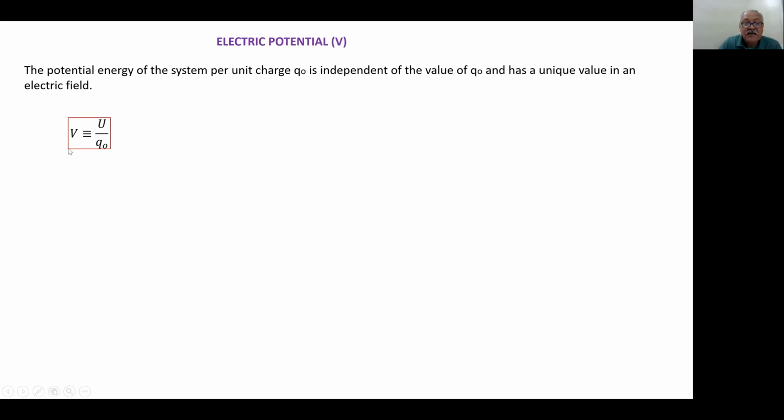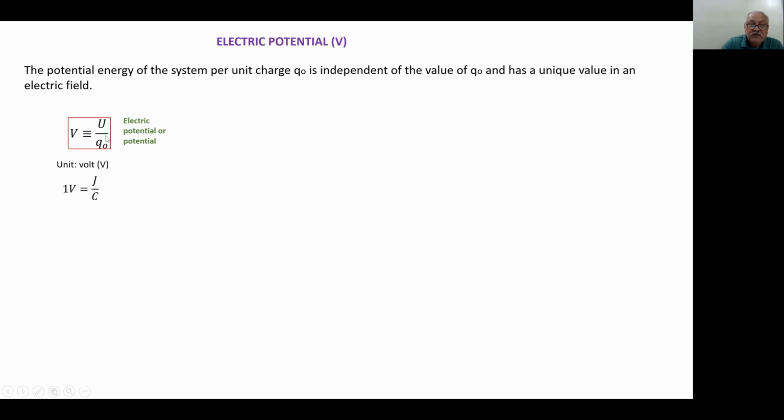So we create a new quantity and we have to define it. And we define that as the electric potential. Okay, perfect. And this is the electric potential, or just potential. And the unit is volt. And 1 volt is equal to 1 joule divided by 1 coulomb.